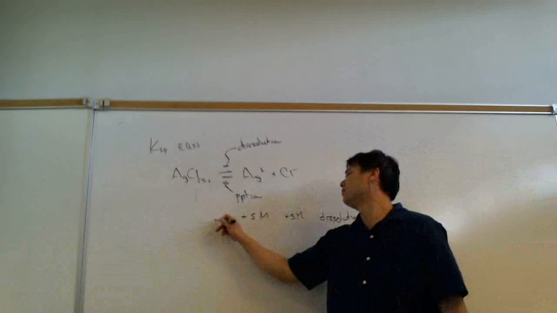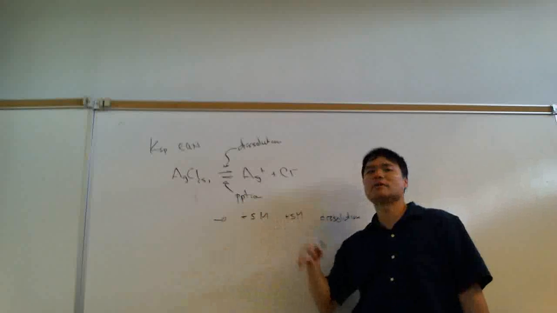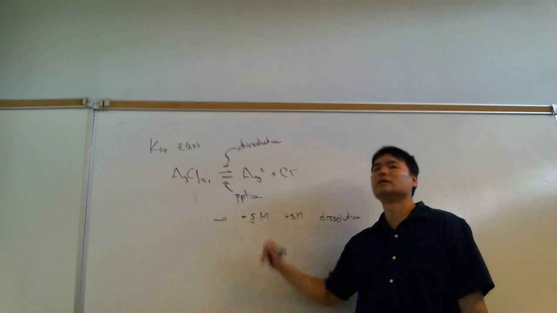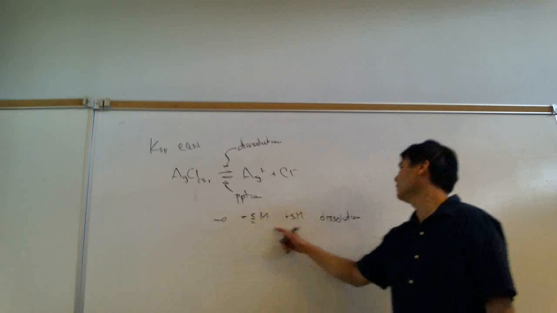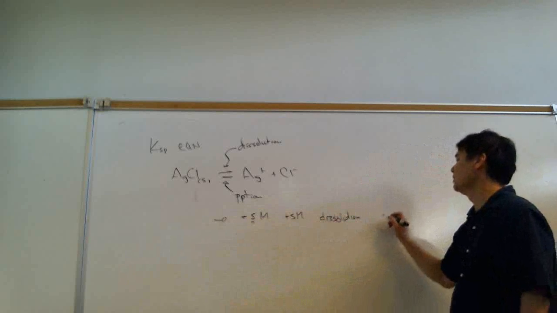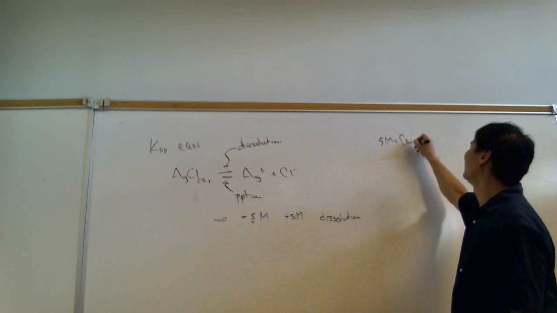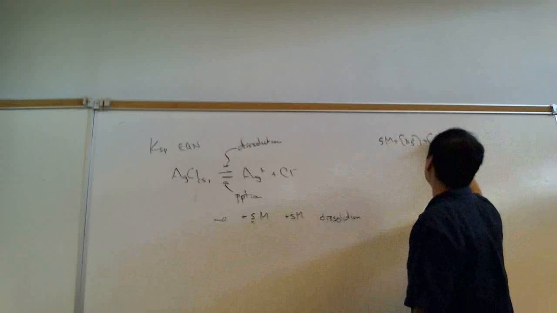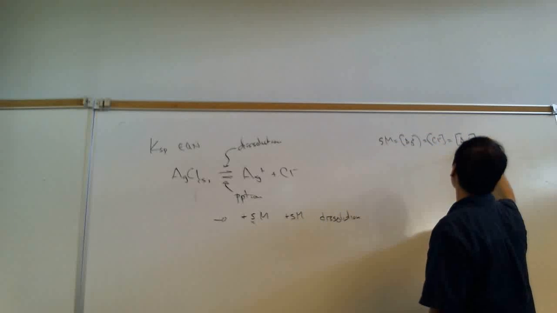If it goes forward, in other words, we're dissolving it, and it's going to stop, it's going to reach equilibrium. And when it reaches equilibrium, it reaches its solubility. This is why we use S here, because S molar is equal to the concentration of the silver ion, which is equal to the concentration of chloride ion, which is equal to the concentration of silver chloride that dissolves.